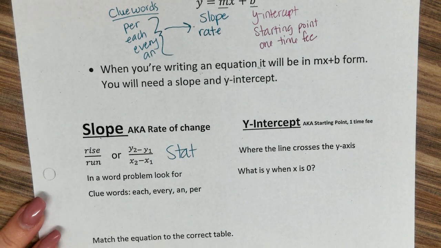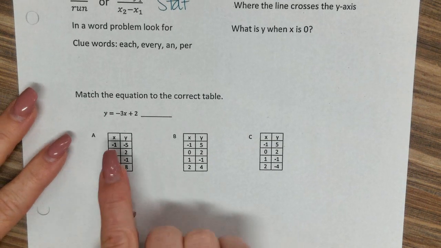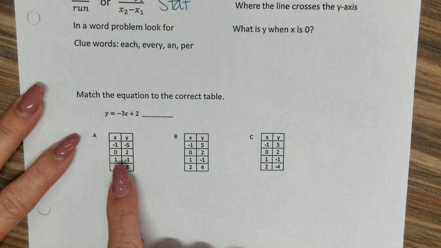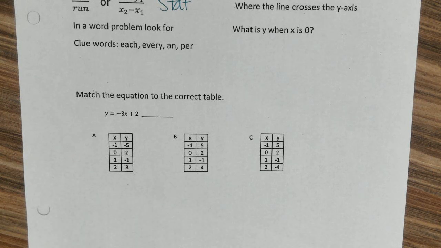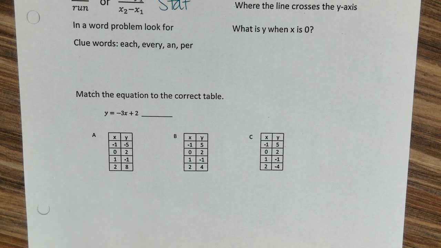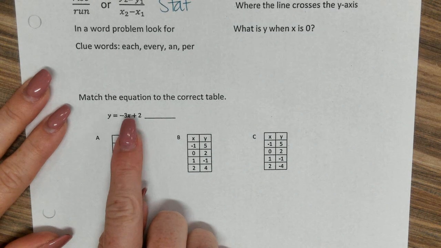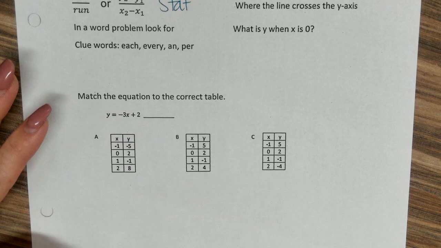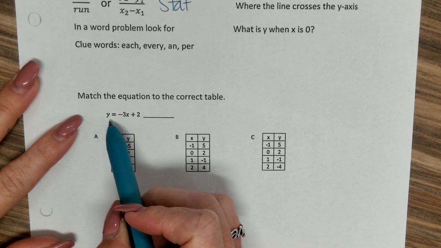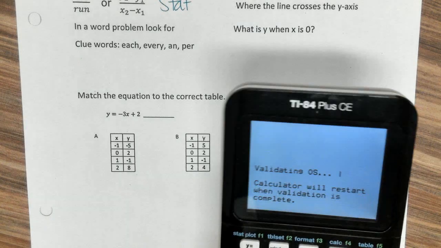I didn't put a lot of examples on here, but one example that I did put on here is where they give you an equation and they want you to match it to one of these tables. So looking at this equation, where do y'all think y'all could put this at? In y equals. So everybody go to y equals.